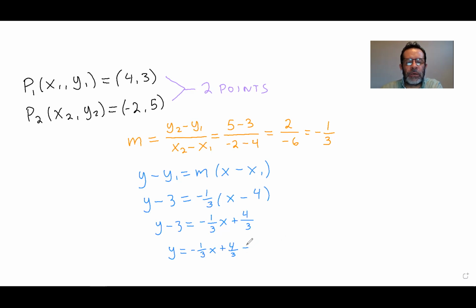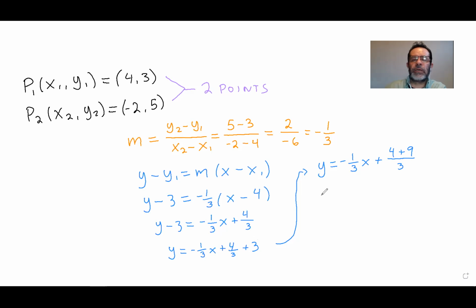And we're sending the 3 over here to this side. Now, I'm going to bring this over here. So it's going to be y equals negative 1 divided by 3 times x. And we're going to join these 2 fractions, and it's going to be plus, we're going to use a common denominator, which is 3, and it's going to be 4 times 9.